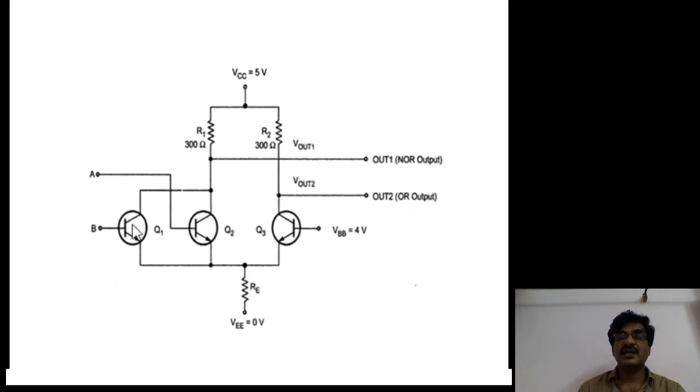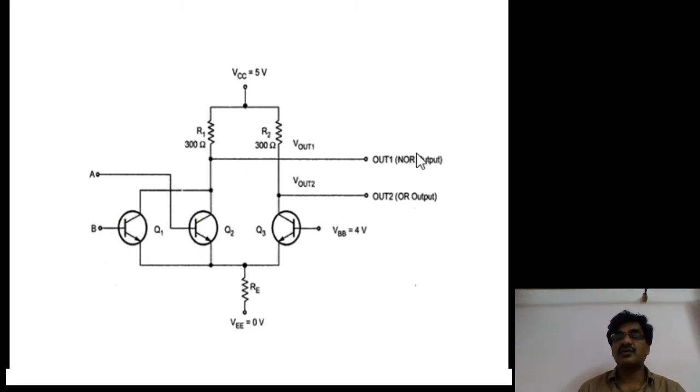Similarly if any one of the inputs is logic 1 and the other one is 0, one transistor is on and one transistor is off in Q1 and Q2. Since they are connected in parallel or shunt, if one is on the entire network is also on. The entire shunt connection is equivalent to on or short circuit.